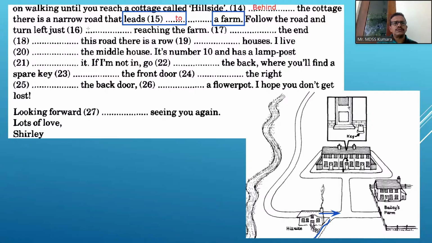Both of these words together give the meaning here. You can't use another preposition here. That leads to a farm. This kind of verb is called a multi-word verb or a particle verb.